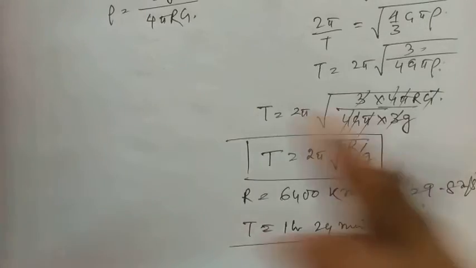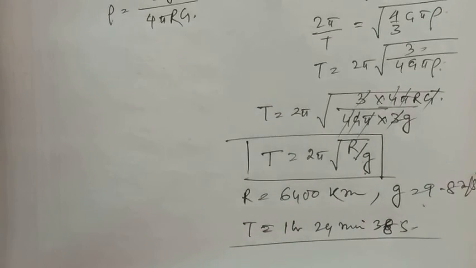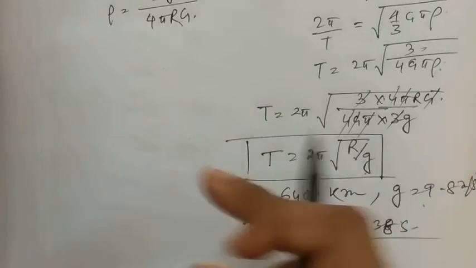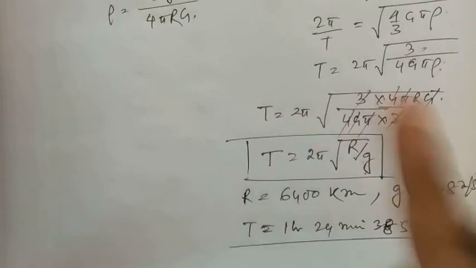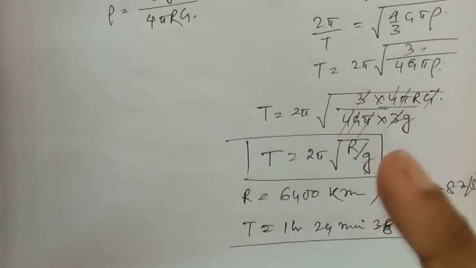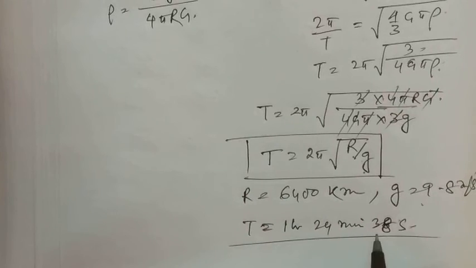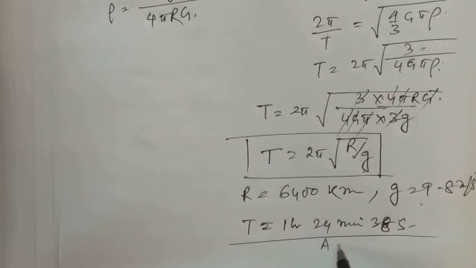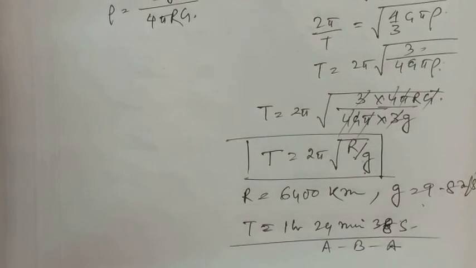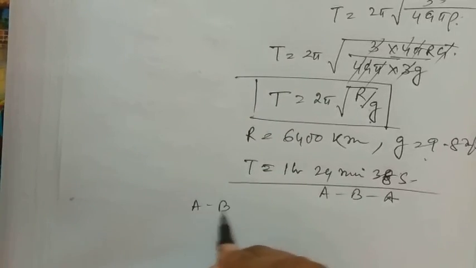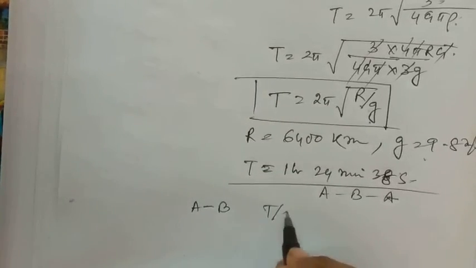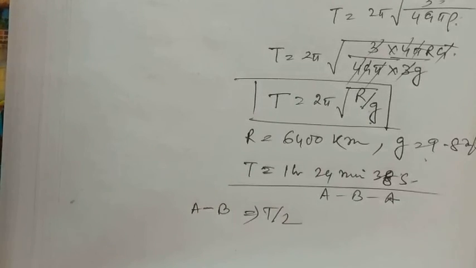So the body will move from A to B in exactly half of the above calculated time. This is the time period, that means the time taken by the particle to move from A to B and back to A. So only one motion, from A to B, takes a time of T by 2.